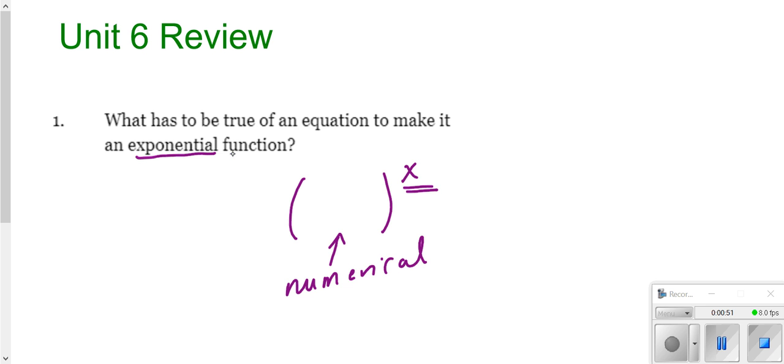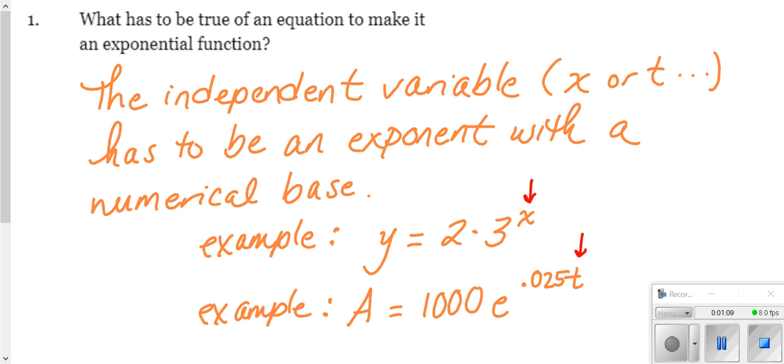In order to be a function, we would have to have x and y involved. So our y, or dependent variable, I should say, or our f of x would be over here, and then I'd have something that was a number, and then up here with the x, I might have other numbers as well, but I have to have that x in that position.